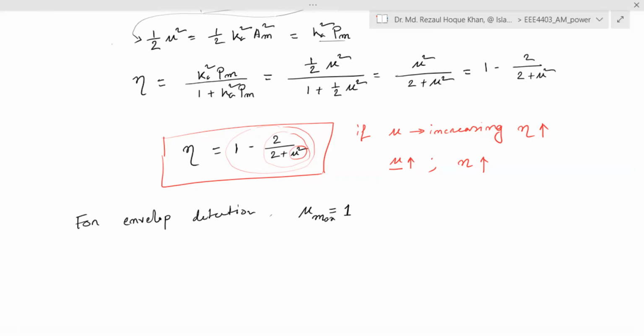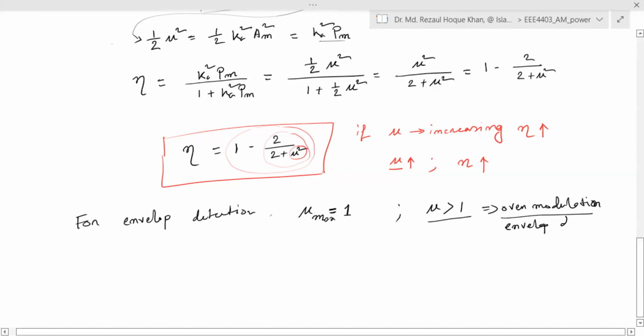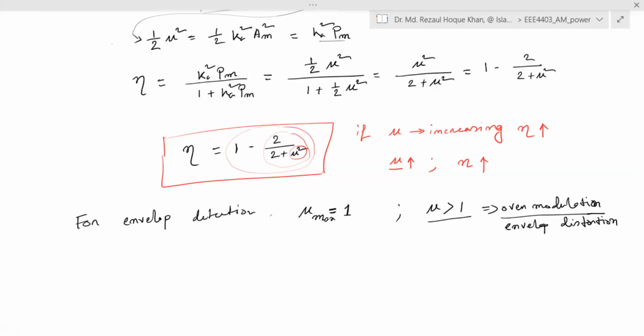We have seen that if mu is equal to 1 or less than 1, then the envelope is undistorted. Otherwise, if mu is greater than 1, it is overmodulation, where envelope distortion happens. So for no envelope distortion, the maximum of mu can be 1.